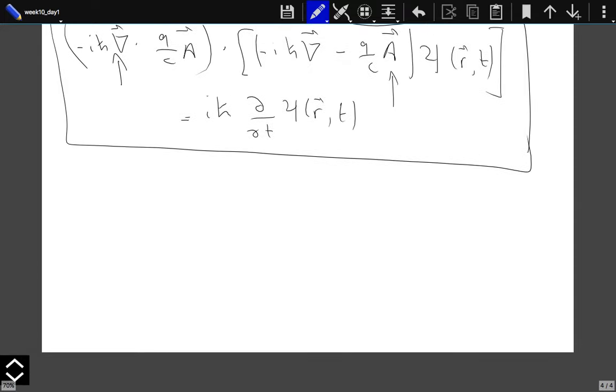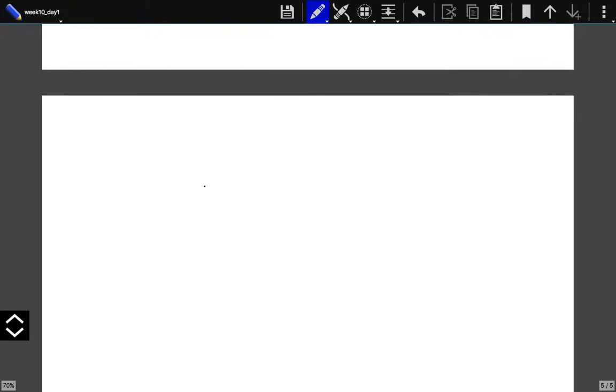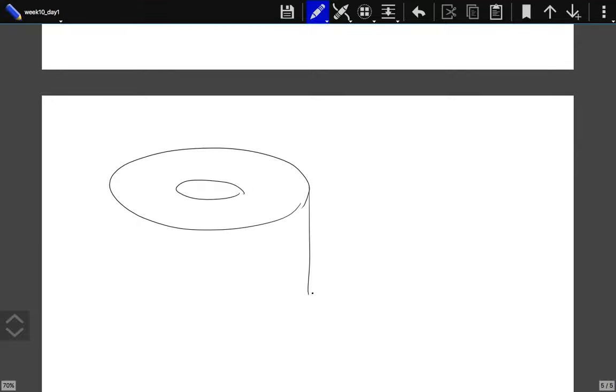Let's do an explicit example. Let's imagine we have a hollow cylinder. Now, our particle is confined within this cylinder.